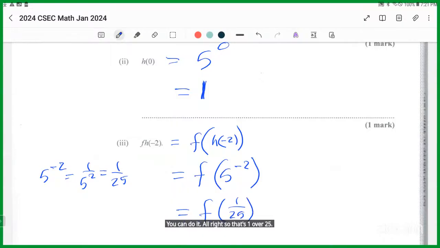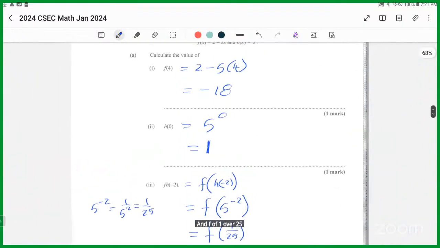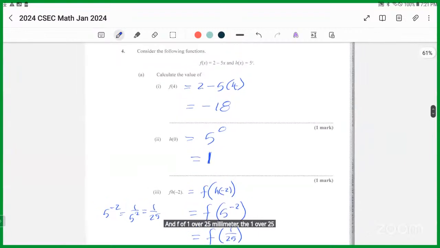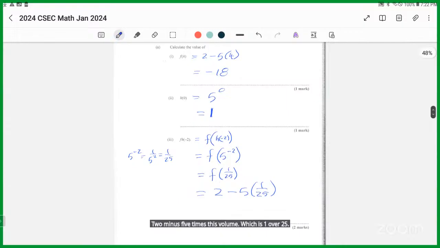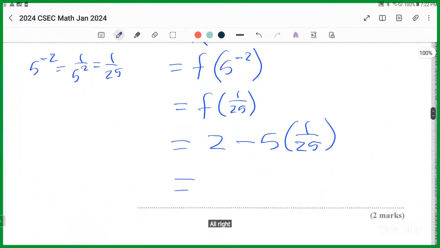And f of 1 over 25 now means that we put the 1 over 25 in the f function where the x is up here, in 2 minus 5x. So that's going to become 2 minus 5 times this value, which is 1 over 25. All right, so what does it become? This is 9 over 5, right?